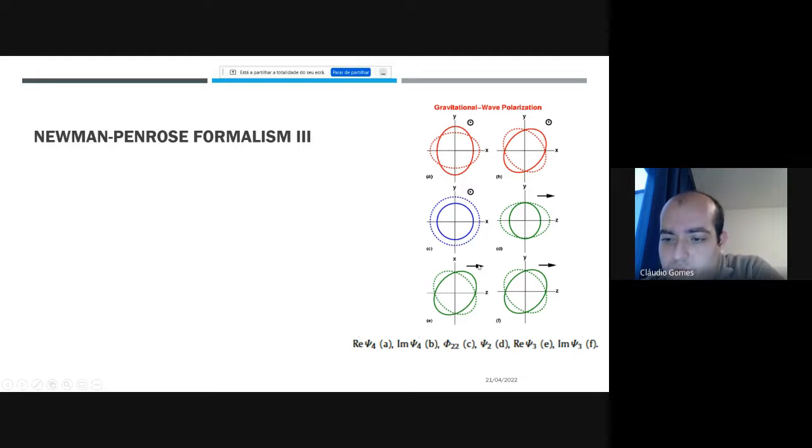So these here arise from the psi3 component. The longitudinal one arises from the psi2, and phi22 leads to a breathing mode, and the psi4 gives the usual polarization in general relativity.